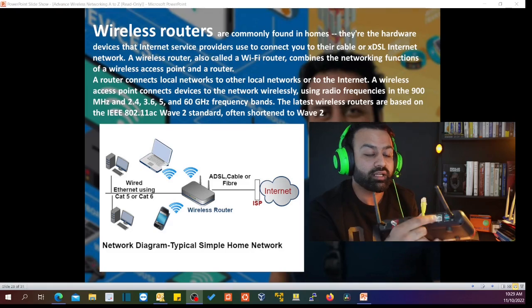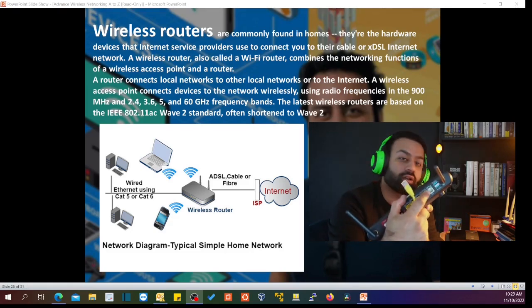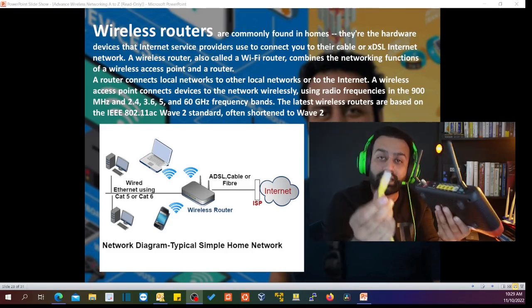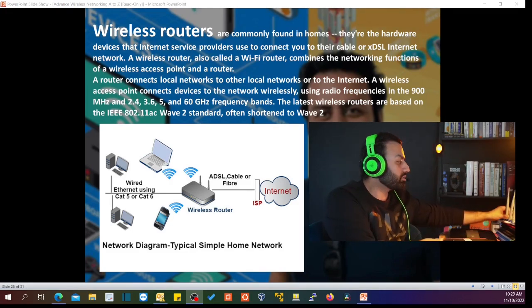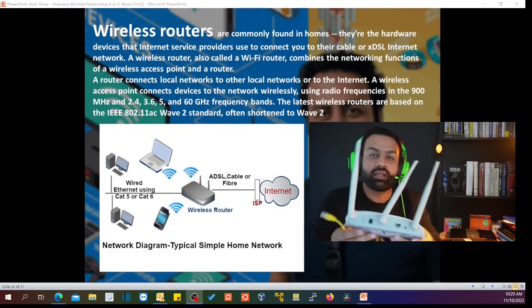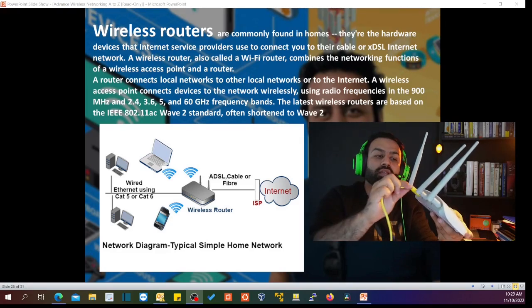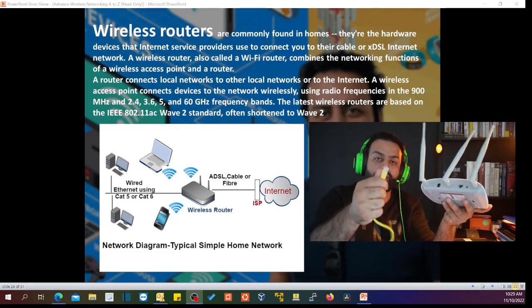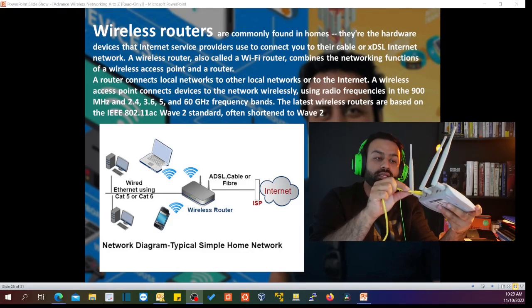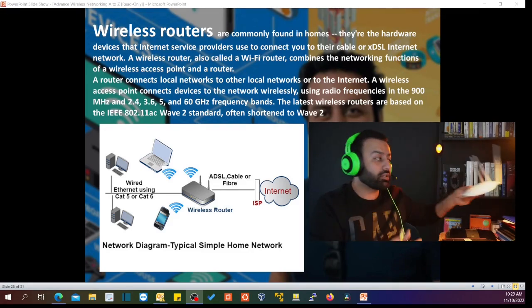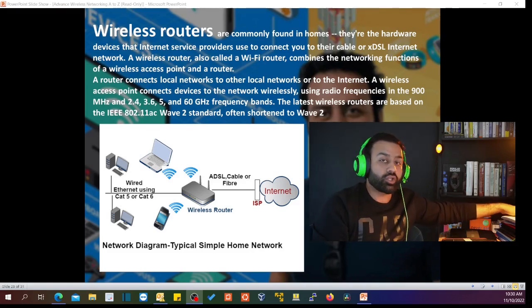If you notice here, the gray portion of the wireless modem accepts the copper cable, and it's the same with the access point. If you connect the internet service provider's copper cable to your wireless access point, this is what happens.